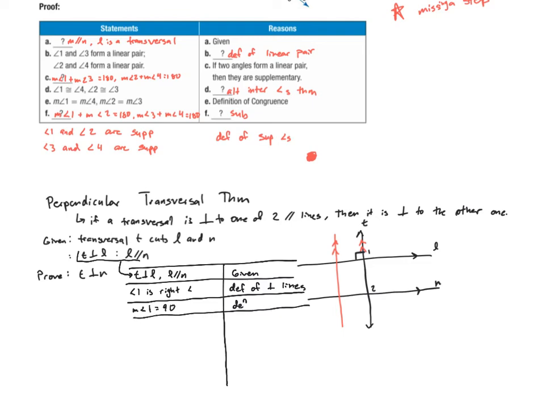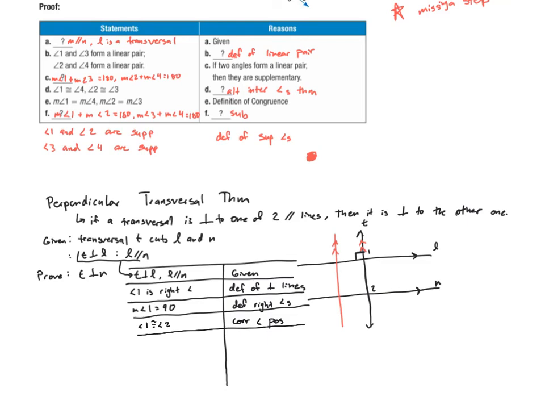And that's by the definition of right angles. Now, when I look at my picture, I see that angle 1 and angle 2 are corresponding. Therefore, I know by the corresponding angle postulate that angle 1 and angle 2 are congruent.